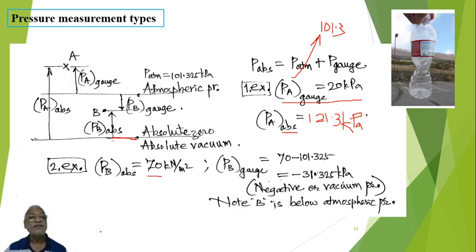I repeat: absolute pressures will never be negative because the reference is absolute zero. You don't have a pressure below this. But as far as gauge pressures are concerned, because the reference is atmospheric pressure, it can be more or less than atmospheric pressure. Whenever pressure becomes less than atmospheric pressure, we call it vacuum pressure or negative pressure.